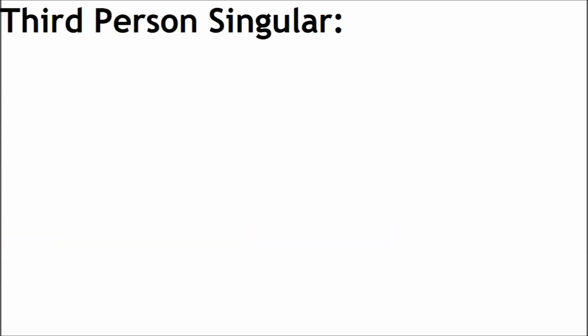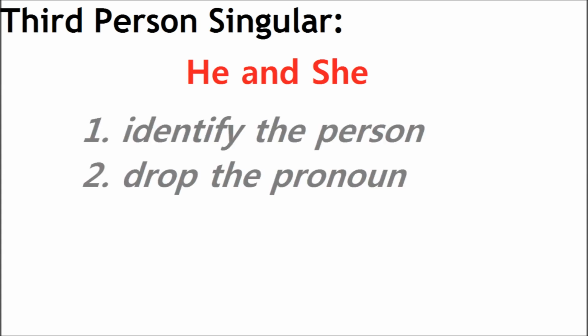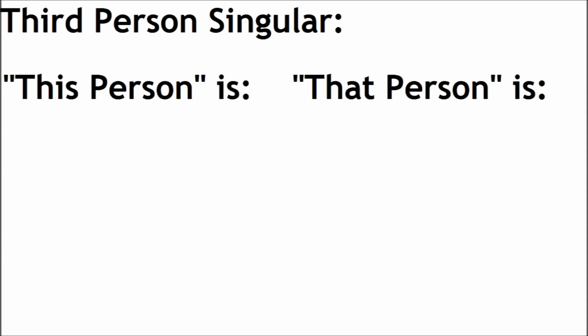All right, so now third person singular. In English, he and she. In Korean, well, there's no one way to say he or she, but there are lots of ways of speaking about someone in the third person. However, like I said, Korean is a pronoun drop language, and what you typically do is identify the person by name at the beginning and then drop the third person pronoun for the remainder of the paragraph.